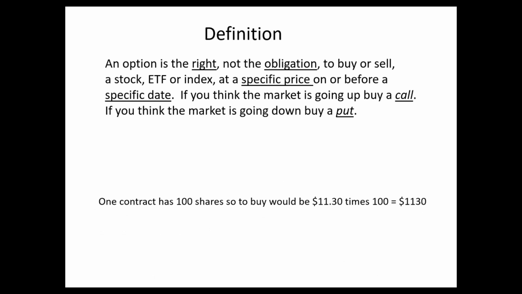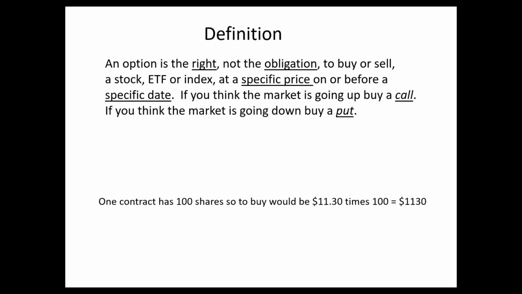Now, going over to the stock market, an option is the right, not the obligation, to buy or sell a stock, ETF, or index at a specific price on or before a specific date. If you think the market is going to go up, you want to buy a call.